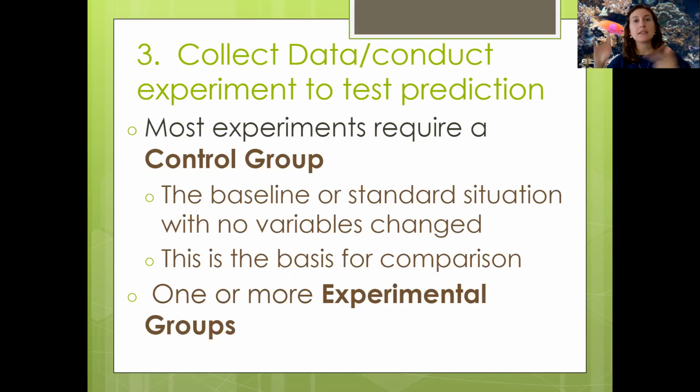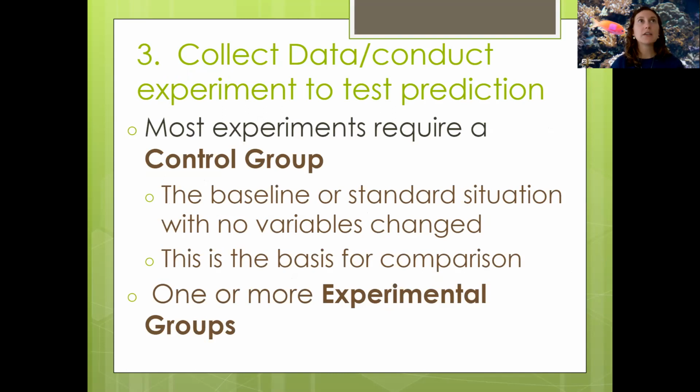All right, we made some observations. We created a hypothesis. Now we want to actually design my experiment. There are a couple things that you will be working through as a class on how to actually design an experiment. Usually you're going to have two different types of groups. Not always, but most experiments are going to have a control group.